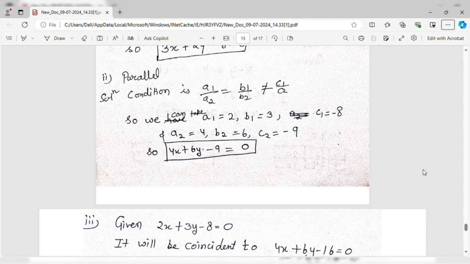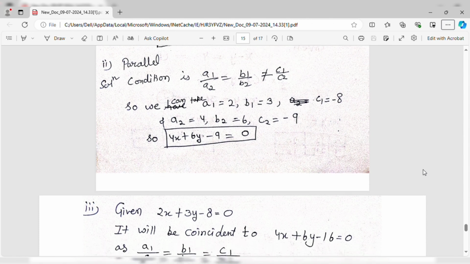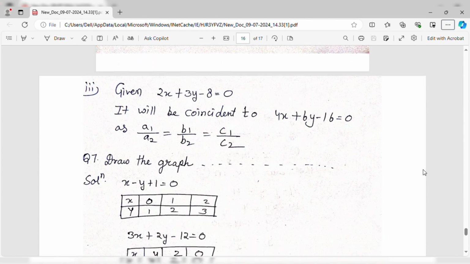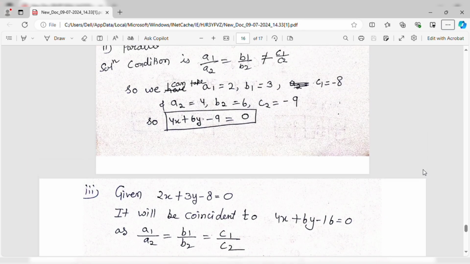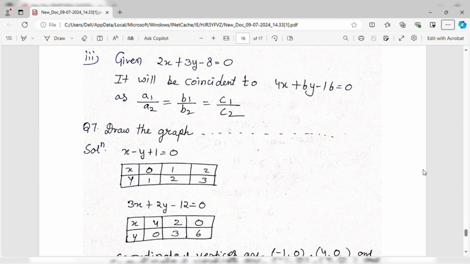You can take any number, but the ratio should not come 1 by 2, the same as a1 upon a2 and b1 upon b2. So I am taking the equation which is parallel to the given line as 4x plus 6y minus 9 equal 0.